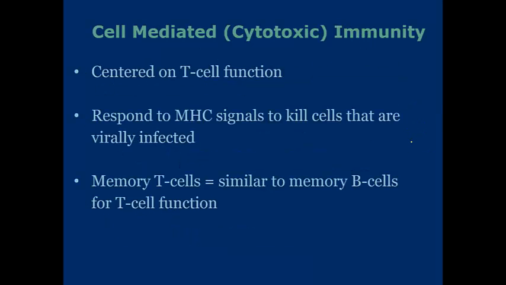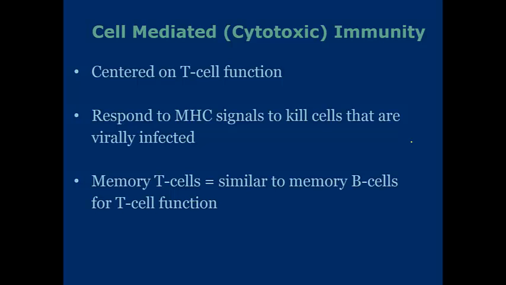Cell-mediated or cytotoxic immunity is centered on T cell function rather than B cell function. These T cells respond to MHC signals to kill cells that are virally infected. And, like memory B cells, memory T cells have an innate memory to allow for rapid response in a later infection cycle.